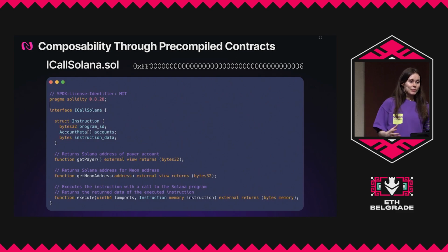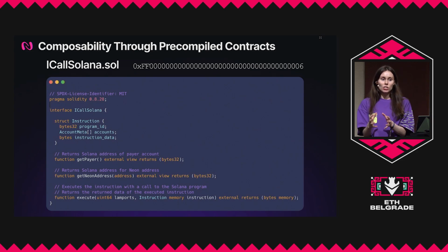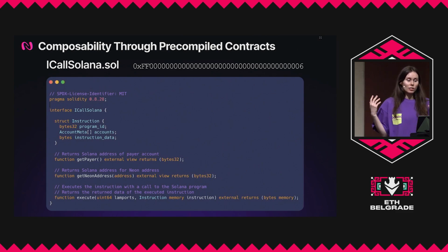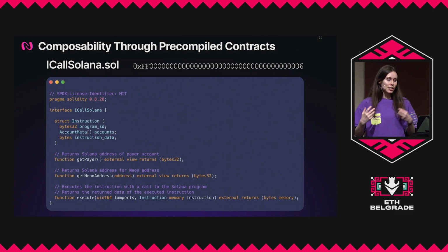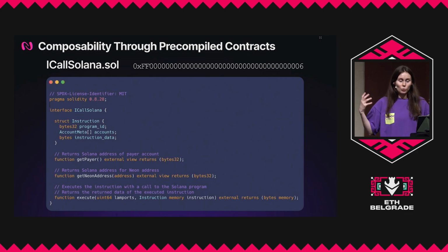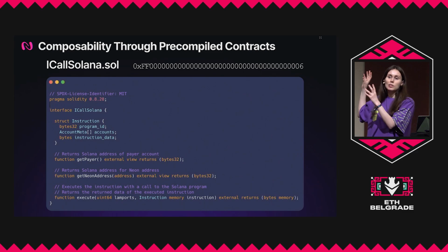And so the composability feature also consists of precompiled contracts that help us execute the transactions on Solana, in Solana runtime. And these composability precompiled contracts are different. We have several ones, but this one is the main one.